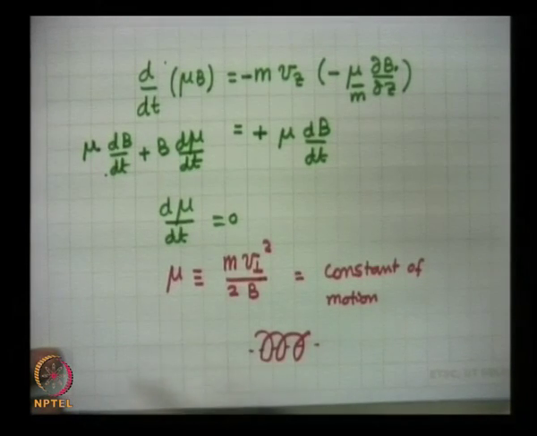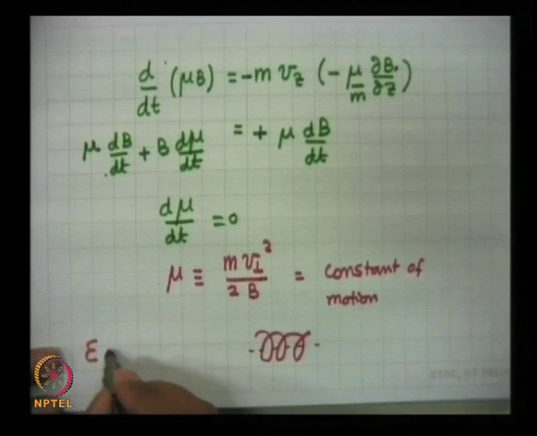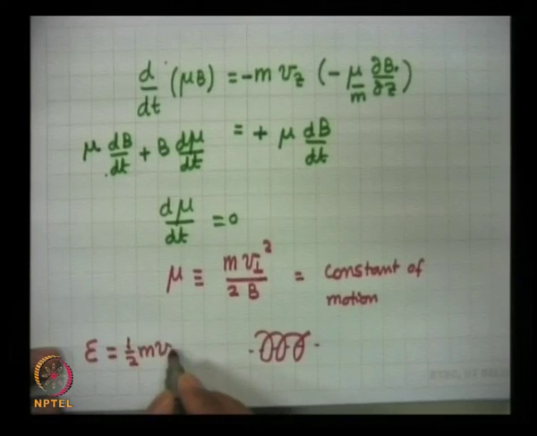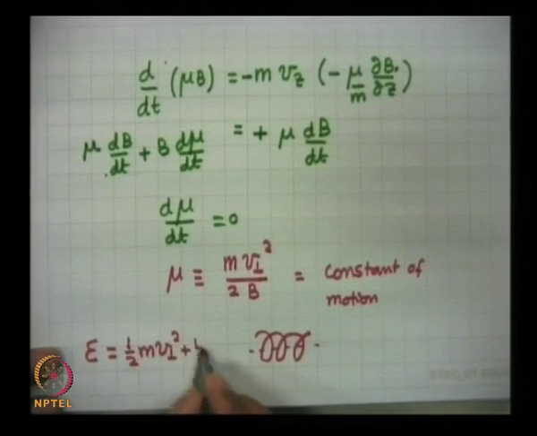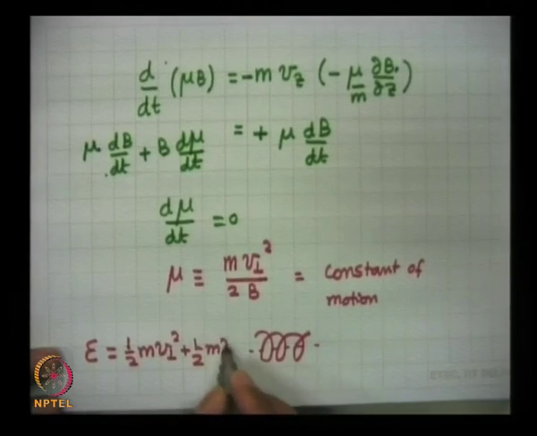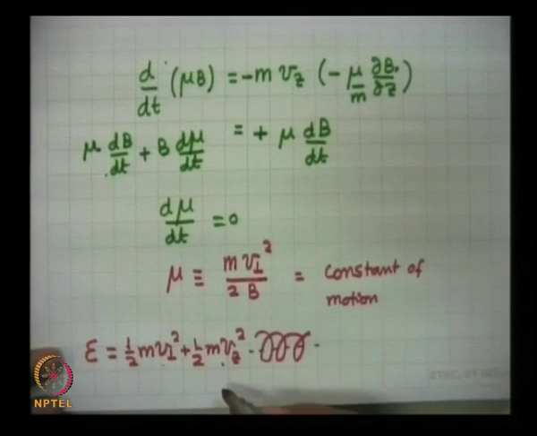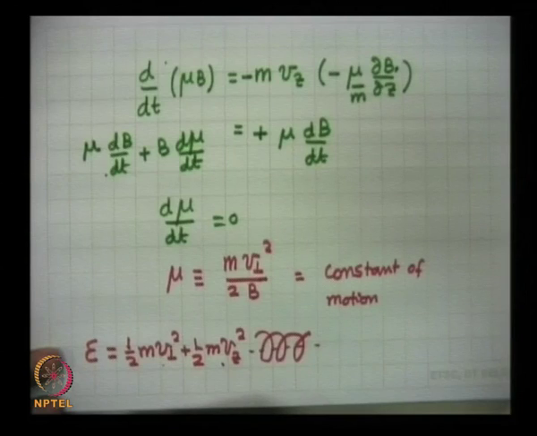But we also know that energy is a constant of motion, which is the sum of half m V perp square plus half m Vz square. So, if V perp increases, Vz must decrease to keep E constant.